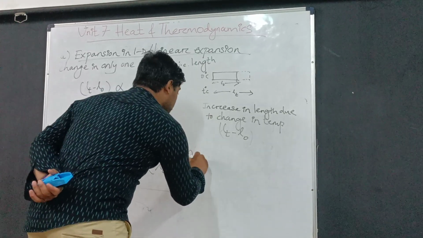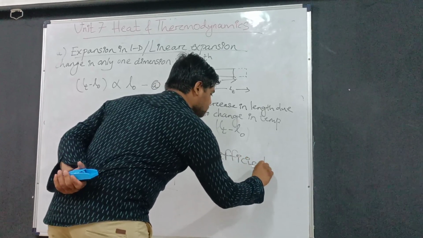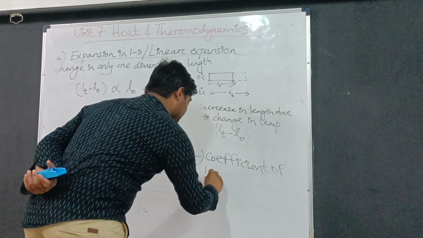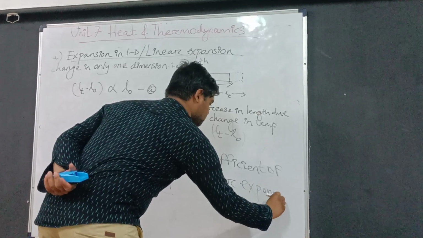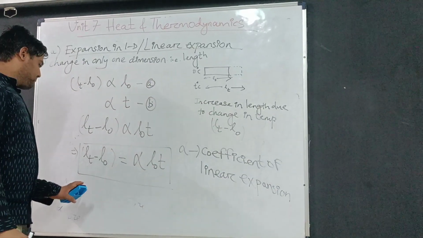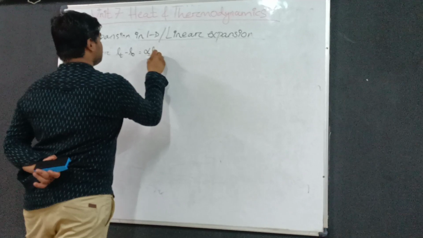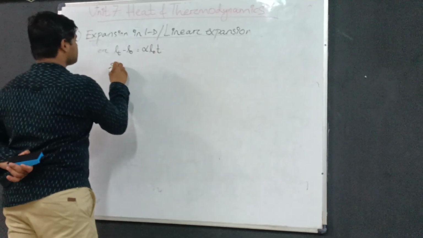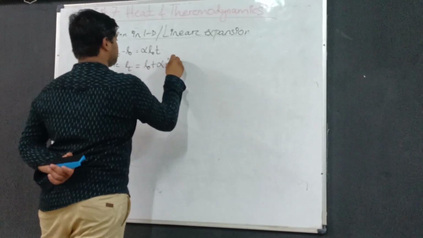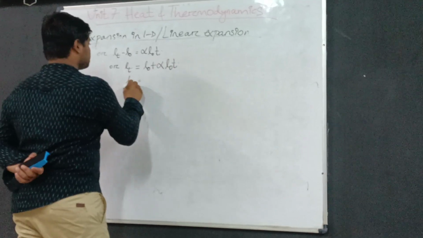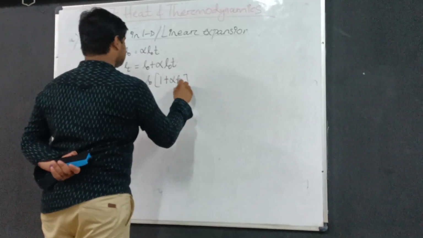So LT minus L0 equals alpha times L0 T, or we can write LT equals L0 plus alpha times L0 T. On the right-hand side we can take L0 common, and now we have this expression.